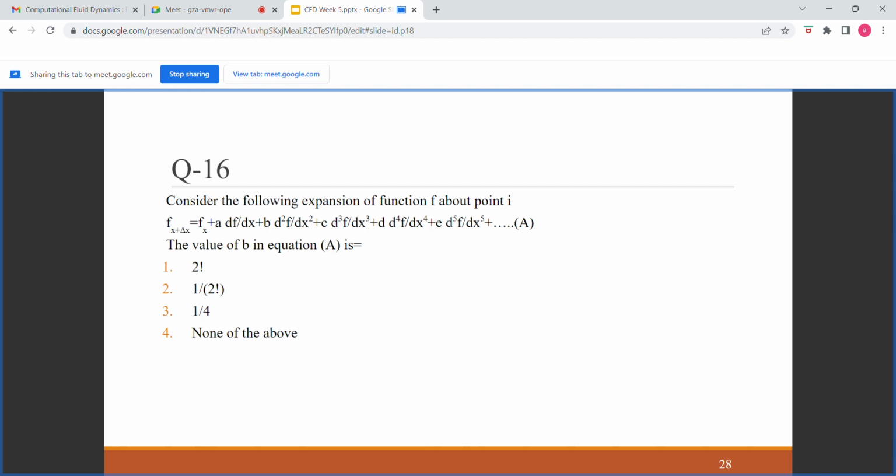So from these options, if you can say. Like, anyone wants to attempt this question?